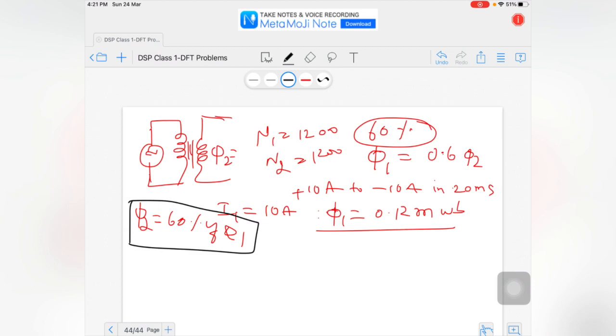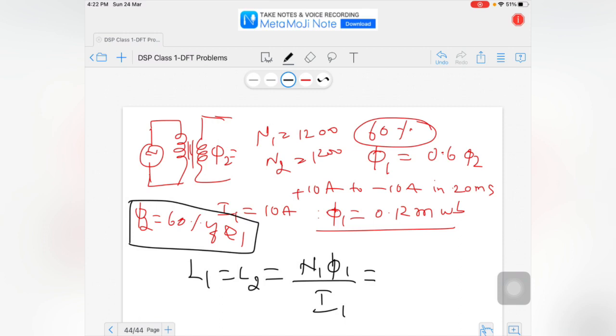Now we have to calculate the self-inductances of the coils, L1 and L2. Both are the same. Now I will apply the formula. First I consider the self-inductance of the coil, L1 or L2. Whether you take either one as the first or second coil, it remains the same. So L equals N phi by I. If it is L1, N1 phi 1 by I1; if it is L2, N2 phi 2 by I2. The data given is with respect to coil 1, so I take N1, flux phi 1 and current I1.